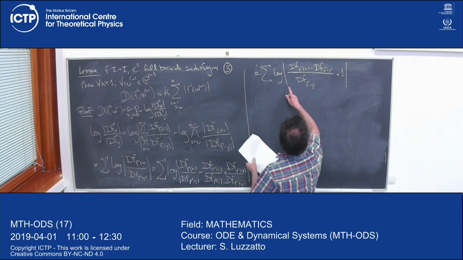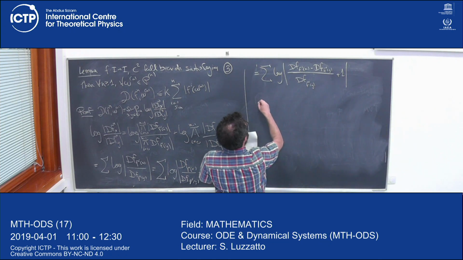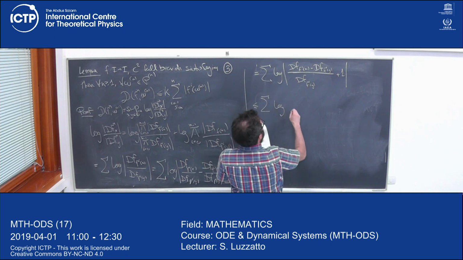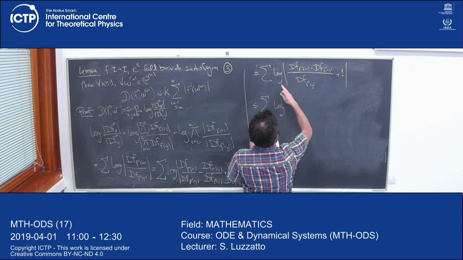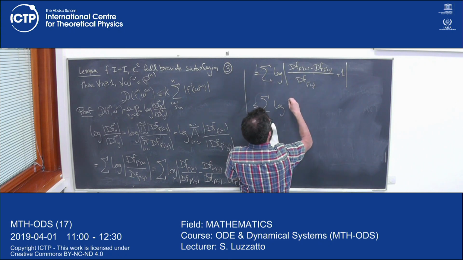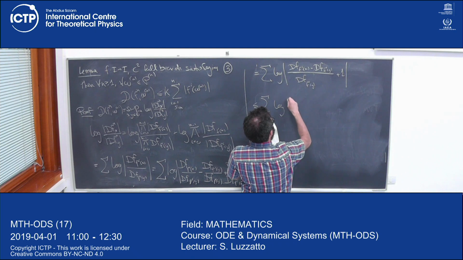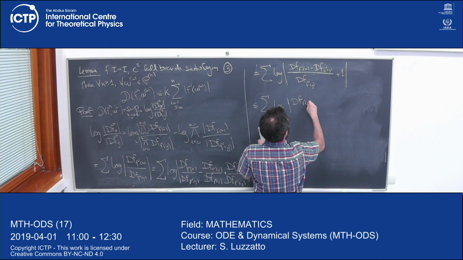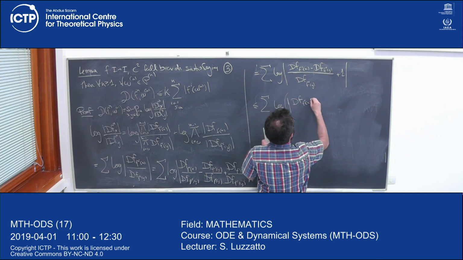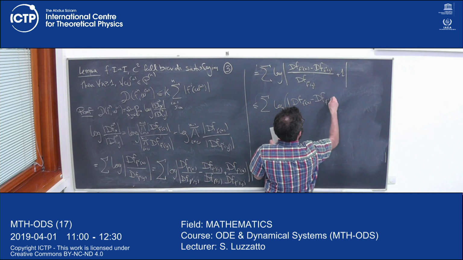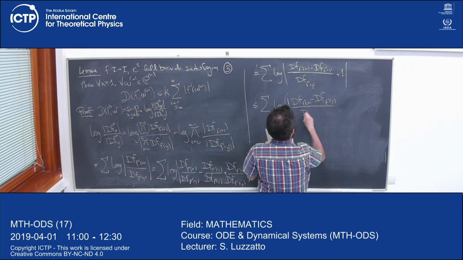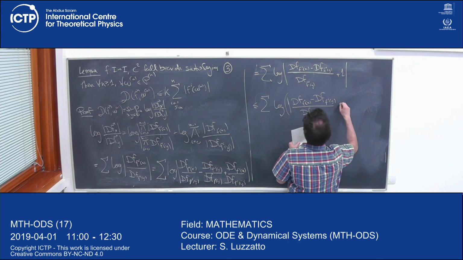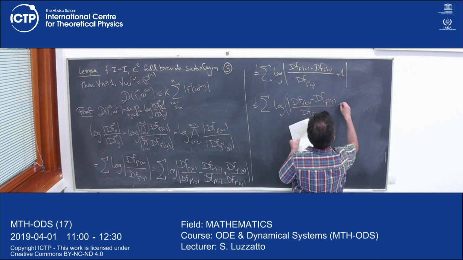Okay, and now I'm going to get rid of the absolute value, and therefore I need to write this as less than or equal to the sum of the logs of the absolute value of df(f^i(x)) minus df(f^i(y)) over df(f^i(y)) plus 1.